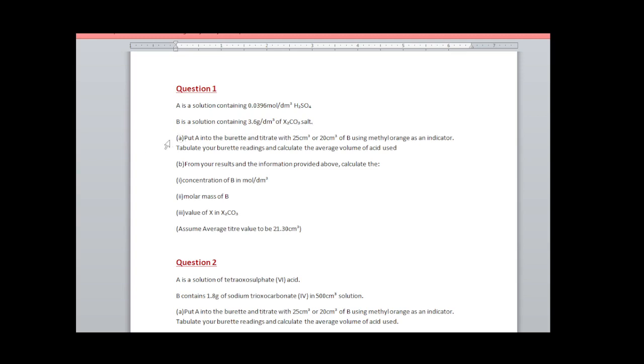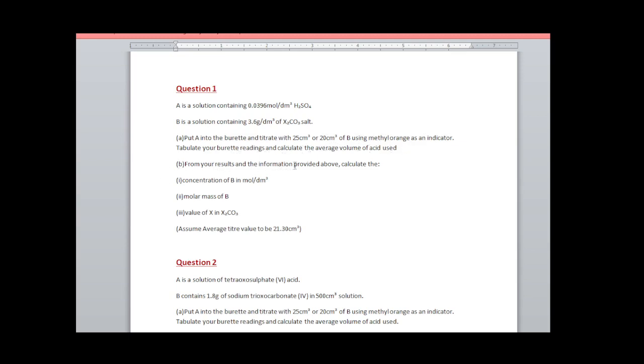Put A into the burette and titrate with 25 cm cube or 20 cm cube of B using methyl orange as an indicator. Tabulate your burette reading and calculate the average volume of acid used.